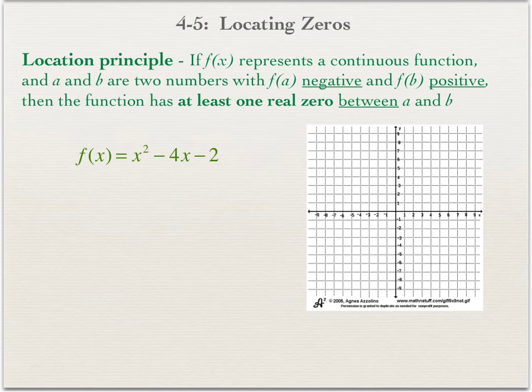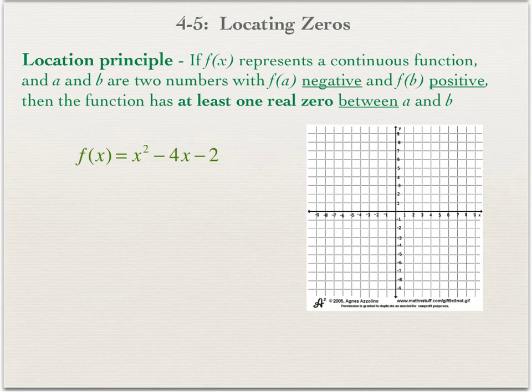This is primarily a calculator-based lesson, I would say, but locating zeros. And again, here's one of the main things that's brought out in this lesson, the location principle. And basically that says if you have a continuous function f of x, and a and b are 2 numbers, so 2 separate numbers, and the f of a, and again when you see that f of a, remember that's the y value.